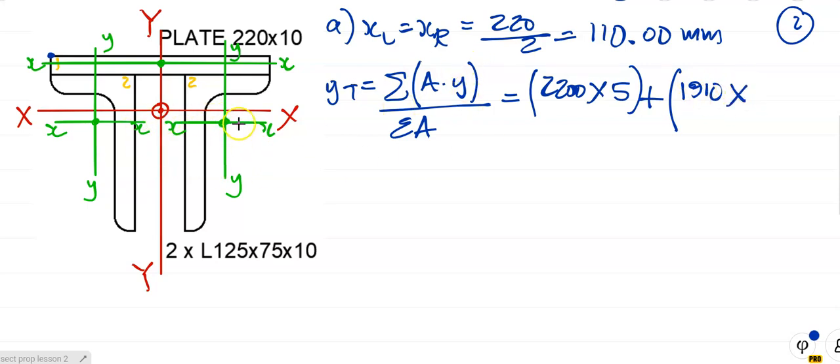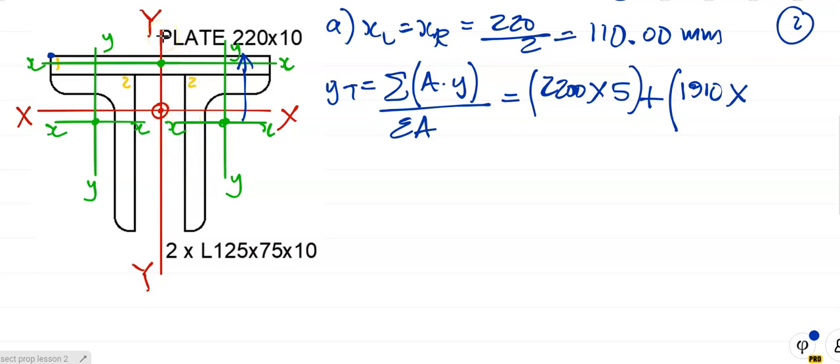Y is the distance from the centroid of the element all the way to the point we have taken, to the point the moment of area is about. So how far is it from there to there? Do we know? Not really, but we can work it out. The distance from the centroid there to the heel of the angle. Are you tuning in?